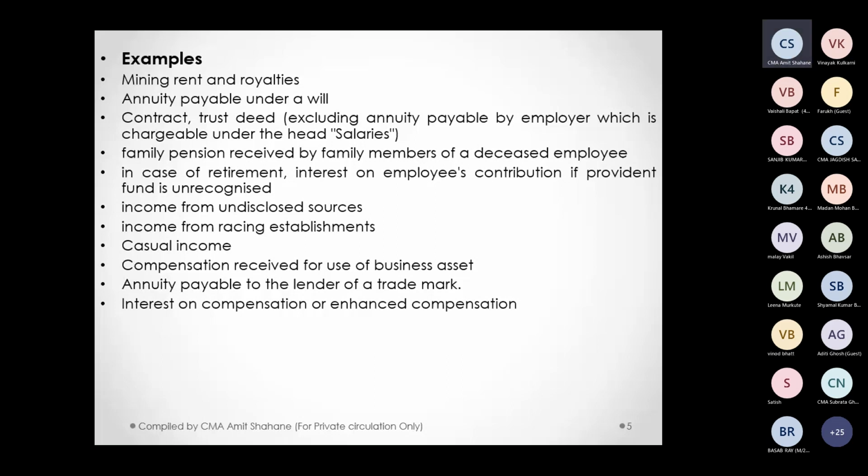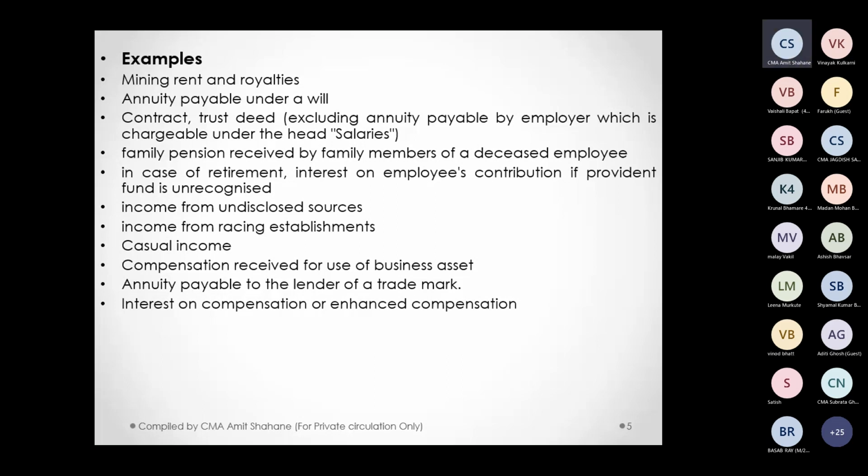Now just take an example that suppose there is an asset which is compulsorily acquired by the government. As you are aware, for public utility projects like highways, railways, metros and all that, the state government as well as the central government has a right to compulsorily acquire assets. So let's say there is a compulsory acquisition of your asset and as per the agreement you are supposed to receive the compensation within 1 month.